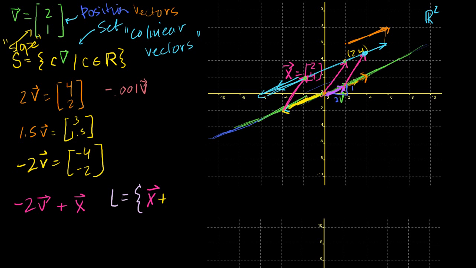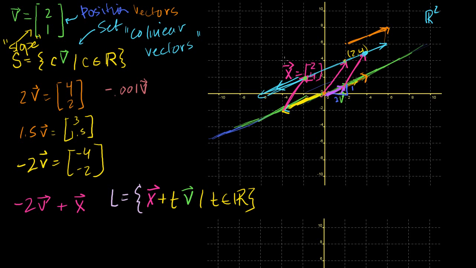So plus some scalar t times my vector v, such that t could be any member of the real numbers.